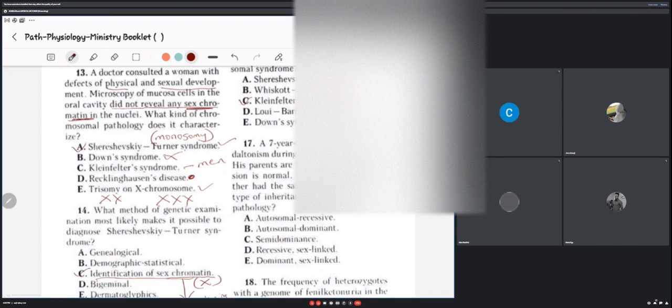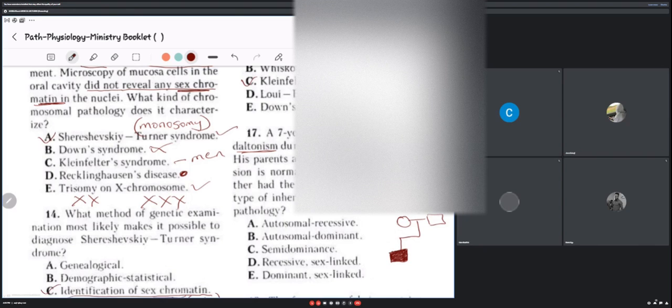Okay. A 7-year-old boy was diagnosed with daltonism. Daltonism is color blindness, during a routine examination. His parents are healthy. Okay, this is the mother, this is the father. Parents are healthy, but the boy has daltonism. Who can tell me why I am using squares and circles here? To tell if it is recessive or dominant. No, why am I using square and circle? To differentiate between female and male? Yes, exactly, just gender.